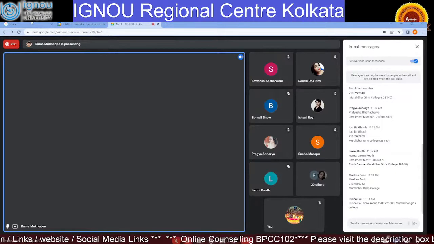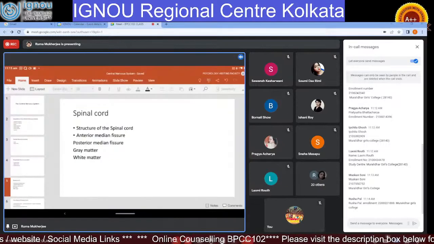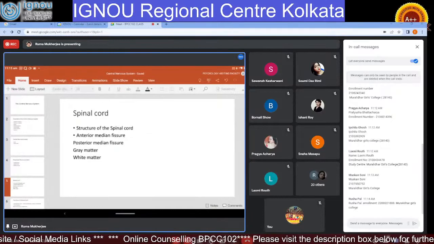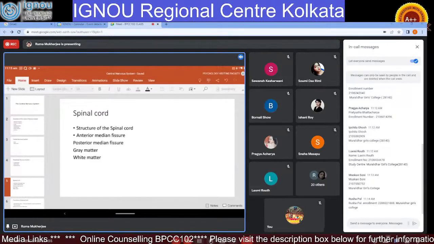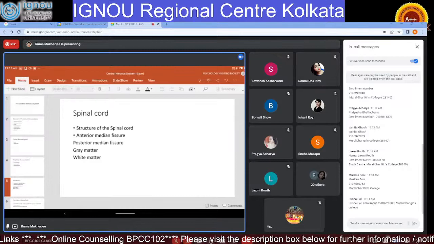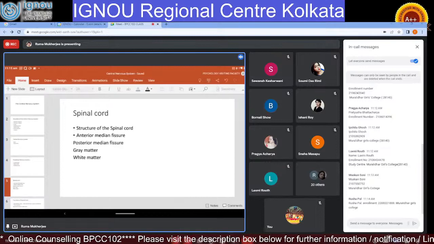Now if you see the spinal cord in cross-section, it is evident that it comprises two different areas. What are they? They are the gray matter and the white matter. The inner core is a capital H-shaped area, which comprises the gray matter, and it mostly constitutes cell bodies and unmyelinated interneurons.